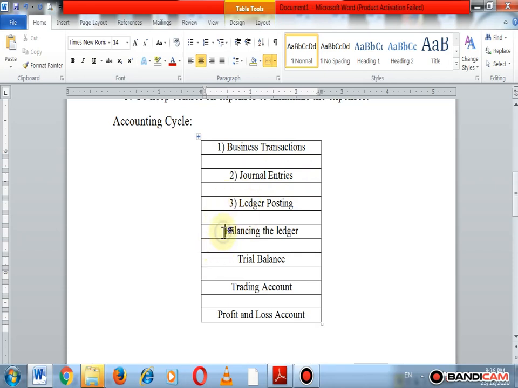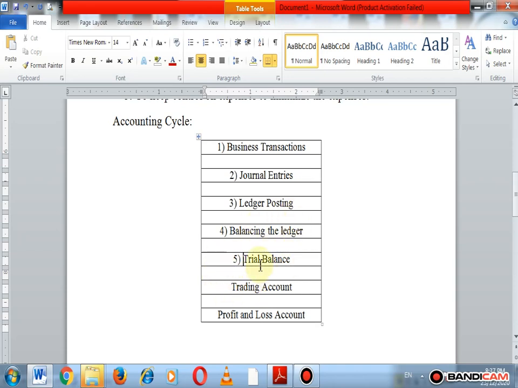The fourth step of the accounting cycle is balancing the ledger. It means to make the total of ledger accounts, and the balancing amount is transferred to the trial balance, or the balancing of the ledger helps to prepare a trial balance of the business organization.